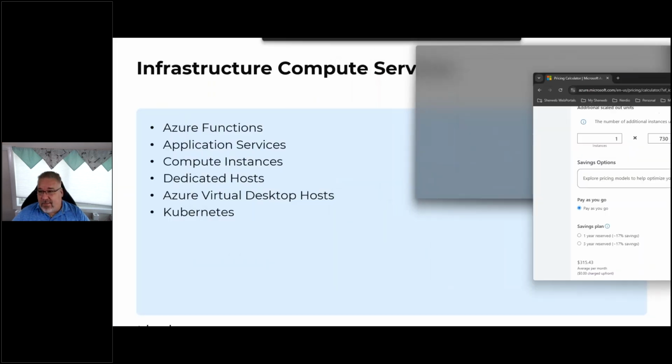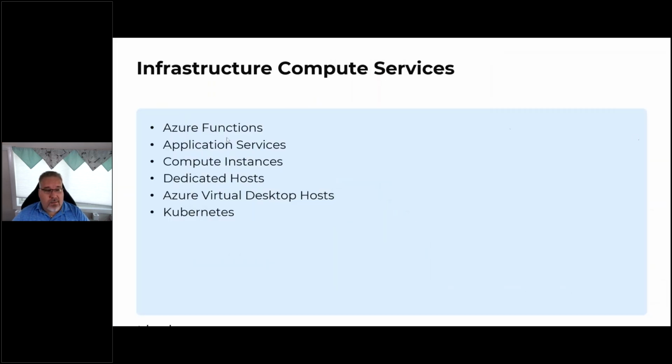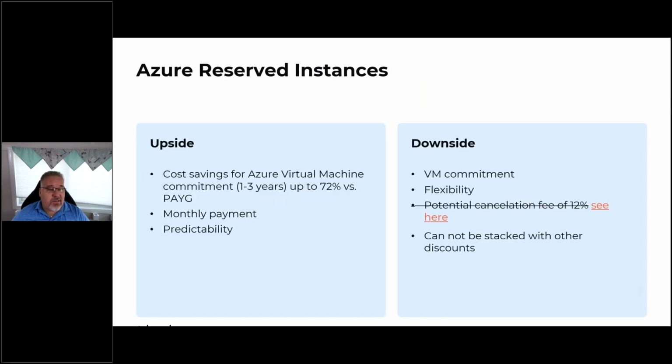All right, I'm going to get this out of the way, and I'm going to flip over to Azure Reserved Instances. So Azure Reserved Instances is the best model to take advantage of discounts on Microsoft Azure.